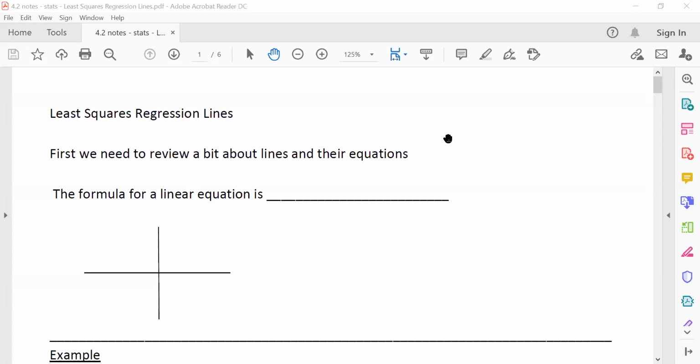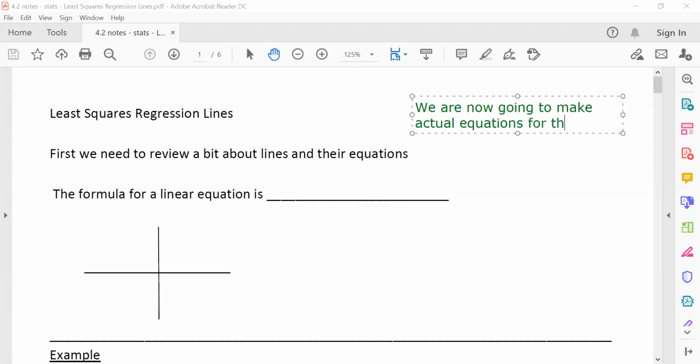Now we're going to bring it all together. And what we're going to do is make actual equations for the line of best fit for scatter plot data.